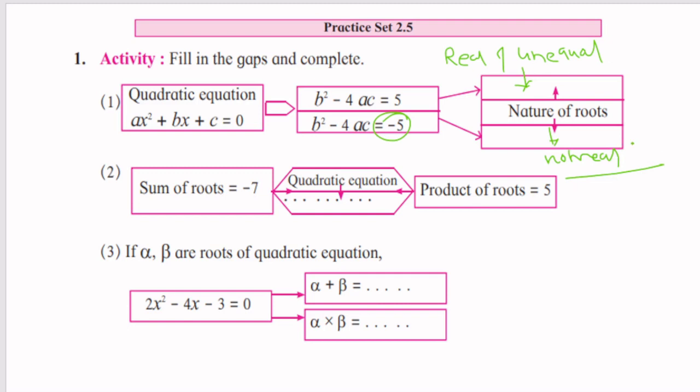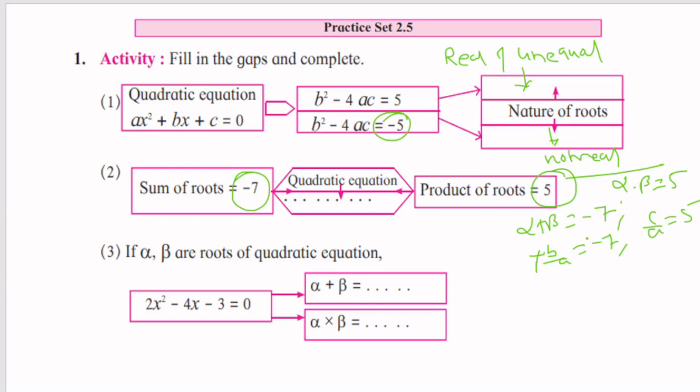Second, sum of the roots. Now the sum of the roots is given as minus 7 and the product is given as plus 5. It means alpha plus beta is equal to minus 7, okay, and alpha into beta is equal to 5. It means minus b by a is equal to minus 7 and c by a is equal to 5.